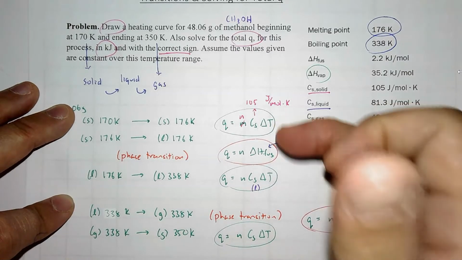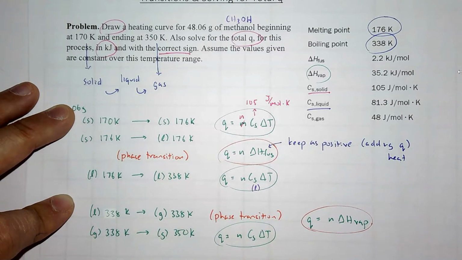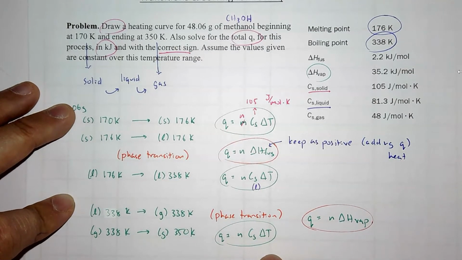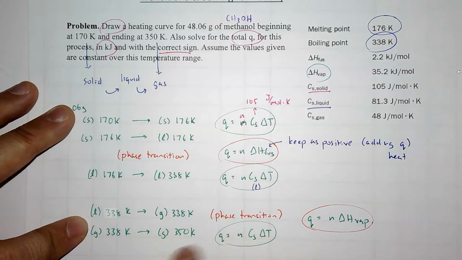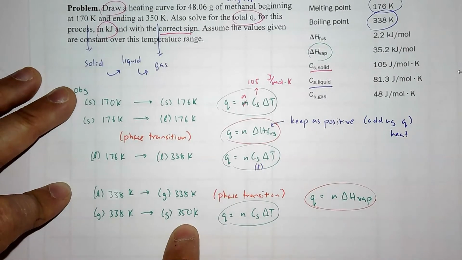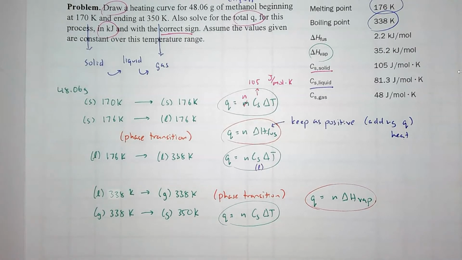You see, it's 5 separate Qs: Q1, Q2, Q3, Q4, and Q5. The delta T, I expect this number to be positive because we're adding heat. Well, delta T is final minus initial. See, the final is higher than the initial, so you will get a positive number.